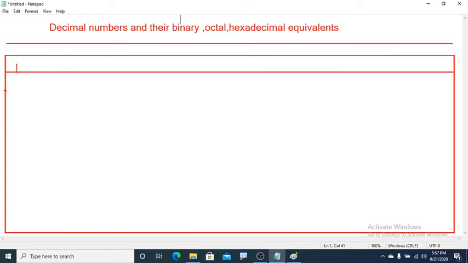Here the first one is decimal. The next one binary, octal, and last hexadecimal.